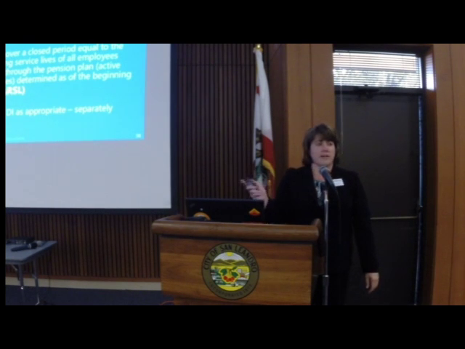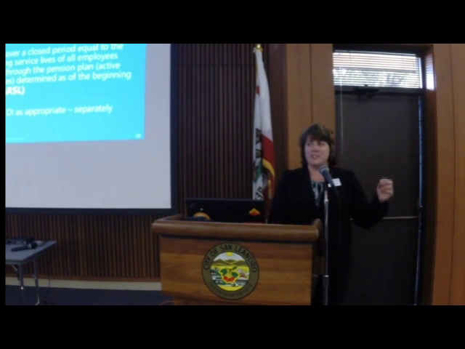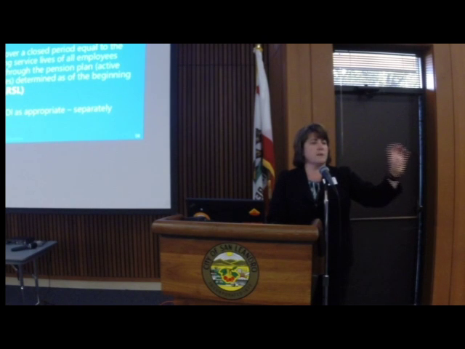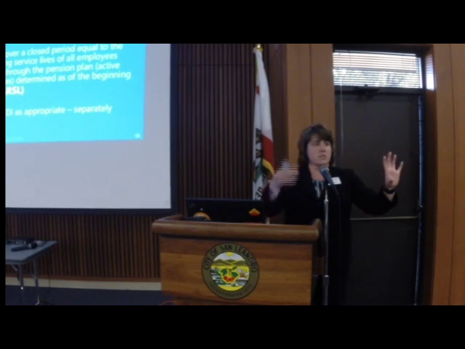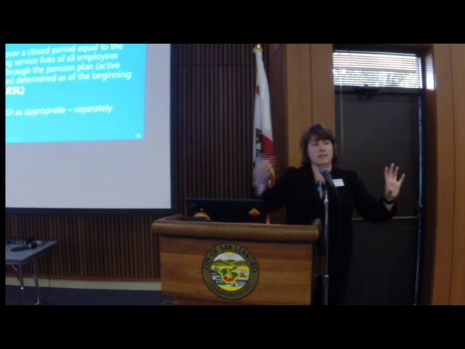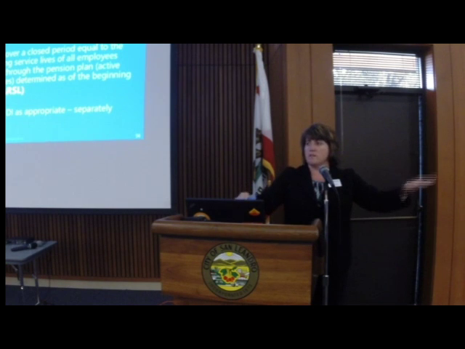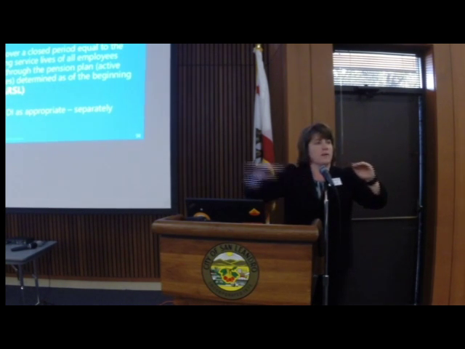Then the unamortized balances, those layers: each year's amount is either a deferred inflow or outflow. The year it's calculated, it is what it is. It's a debit or a credit, and it will always be reported as a debit or a credit, deferred inflow or outflow. Any new layers in subsequent years may be in the opposite direction. They're reported gross. If one started out as a deferred inflow, it will always be a deferred inflow, and the new layer will be whatever it was.